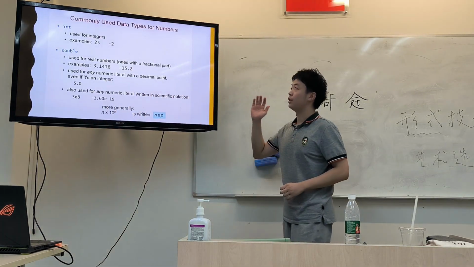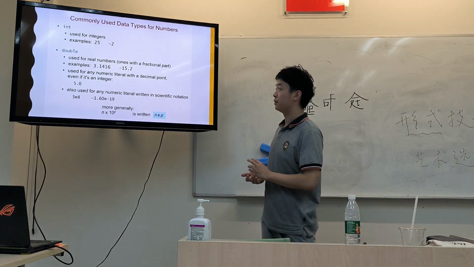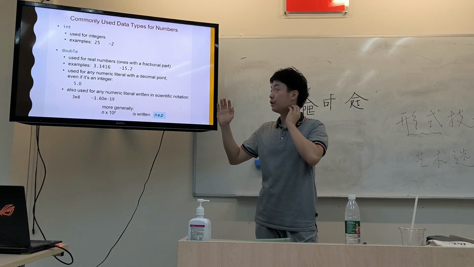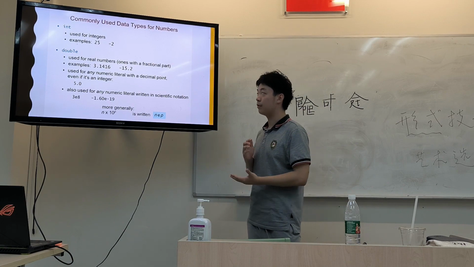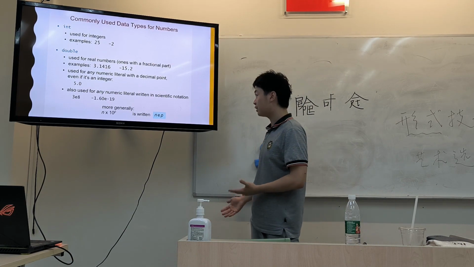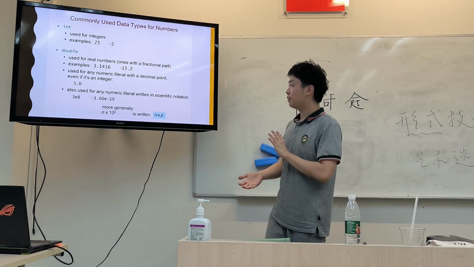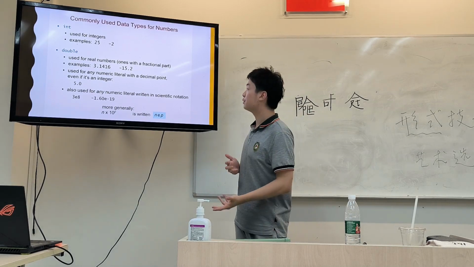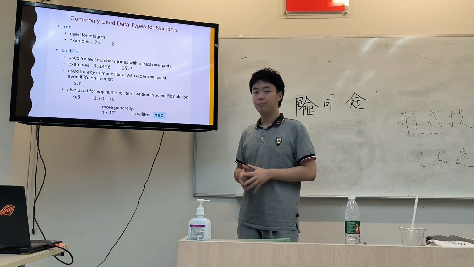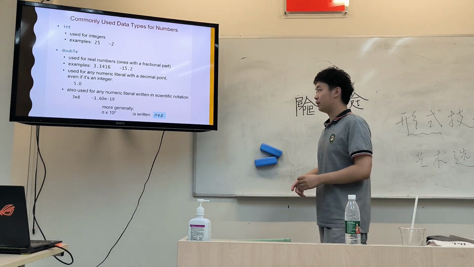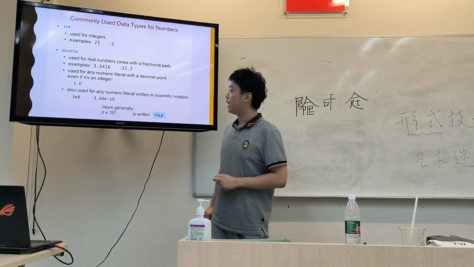These are the commonly used data types for numbers. The data type int is used for integers, for example 25 or -2. Doubles are used for real numbers, those with a fractional part, for example these fractions.